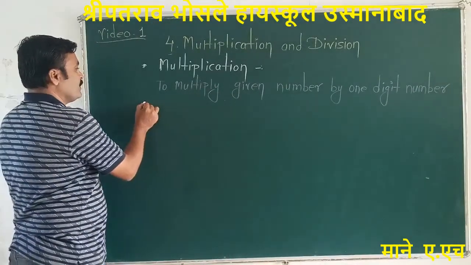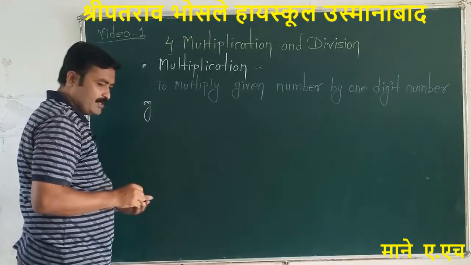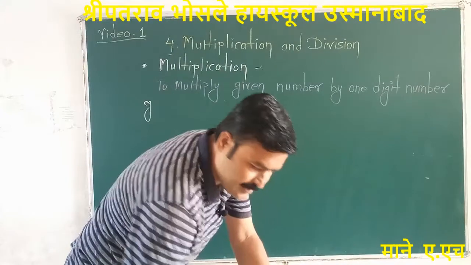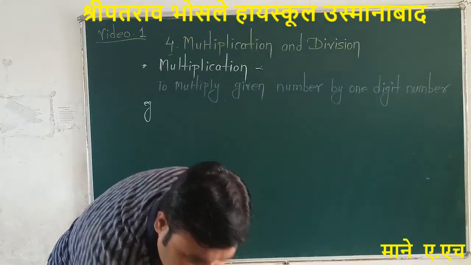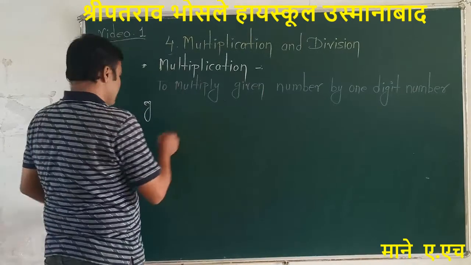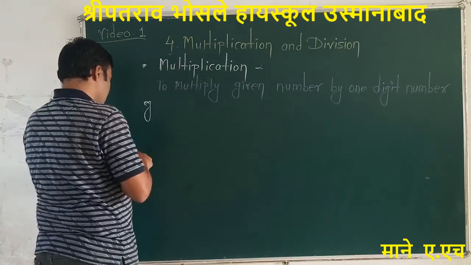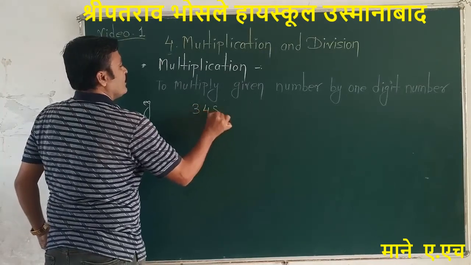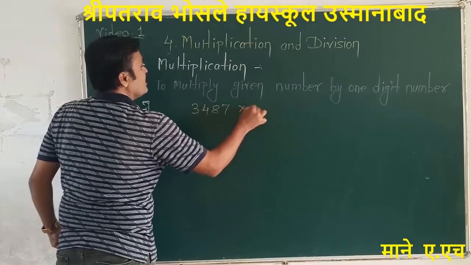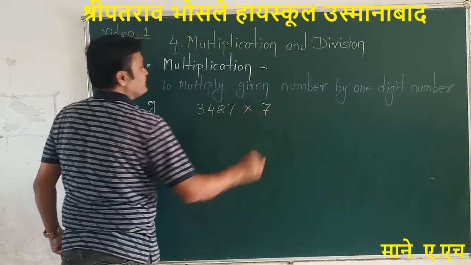So the first example, let's take on this green board: 3487 multiplied by 7.